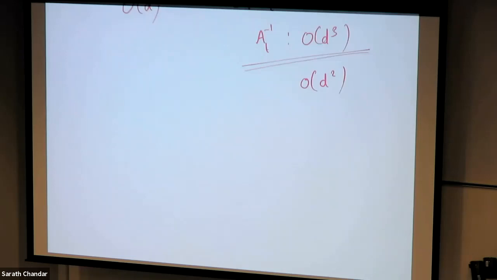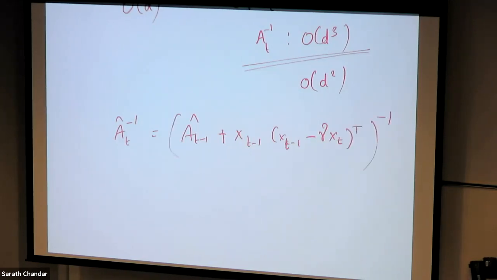So the algorithm is something like this. I will not try to explain what the algorithm is. Incrementally computing A inverse is basically (A_{t-1} + x_{t-1}(x_{t-1} - gamma x_t)^T) inverse.